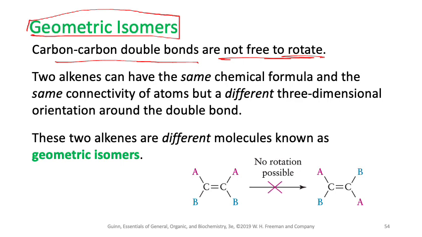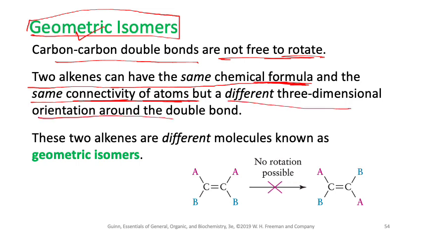But in alkenes, we cannot rotate around a carbon-carbon double bond. So because of that, we have a special isomer called geometric isomer. It says 2 alkenes can have the same chemical formula and same connectivity of atoms, but a different 3D orientation around the double bond.